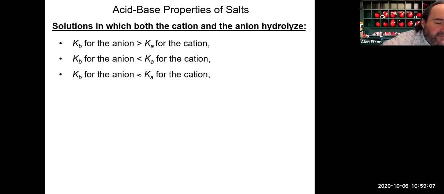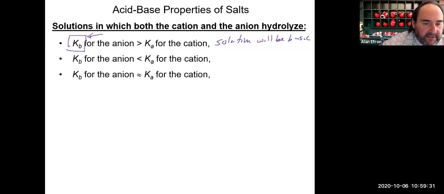So if the Kb value is larger than the Ka, an easy way to remember that is Kb basic, Ka acidic, the basic is bigger than the acidic, we would assume that the solution would be basic. And what that means is we would typically do the calculation as a Kb calculation and just do it for the anion. We would ignore the cation in this case.